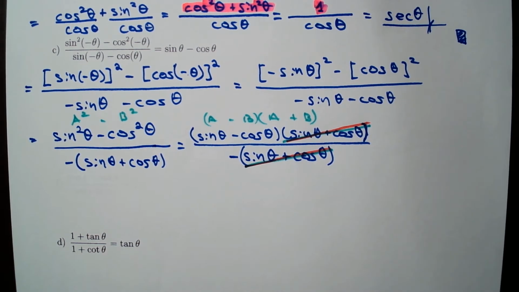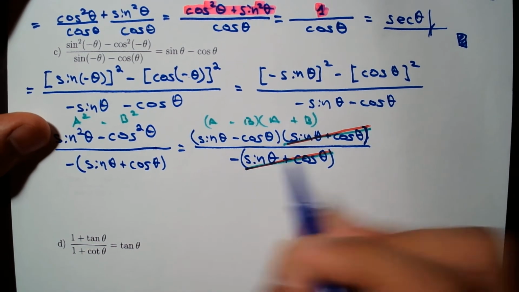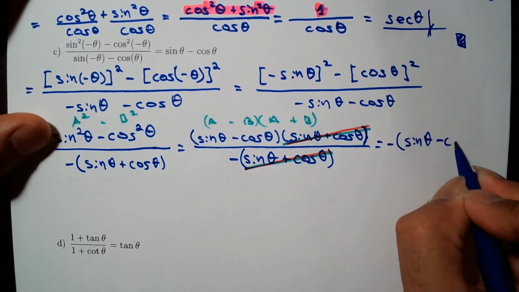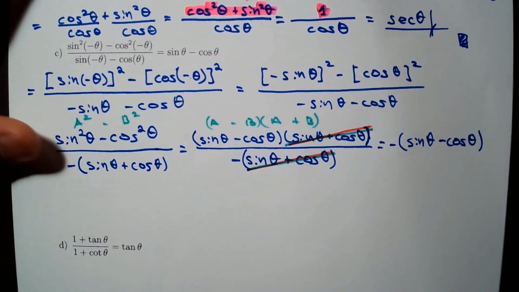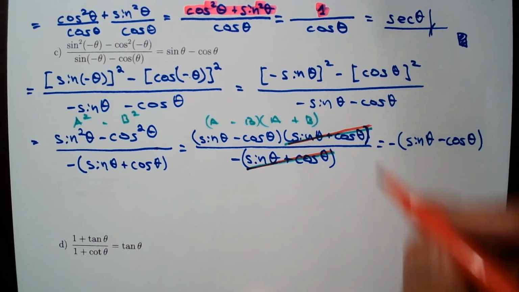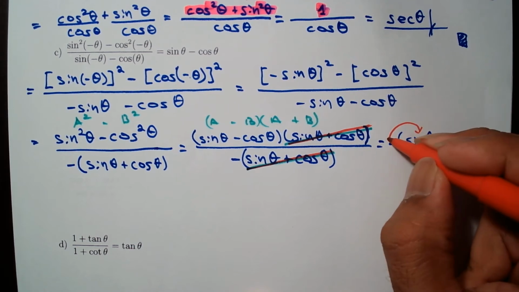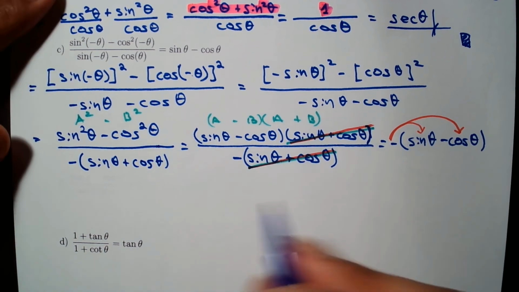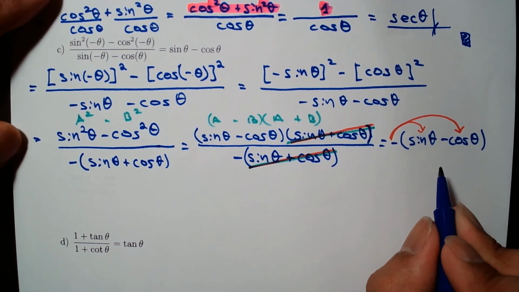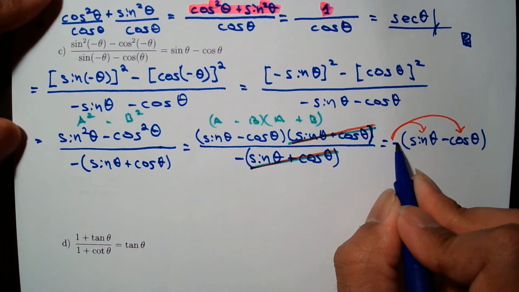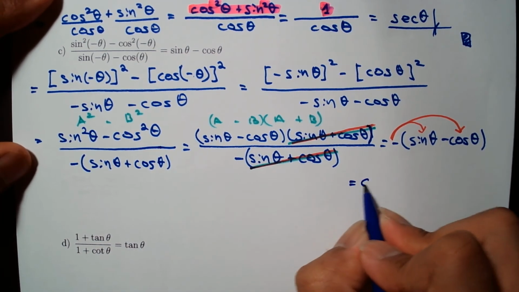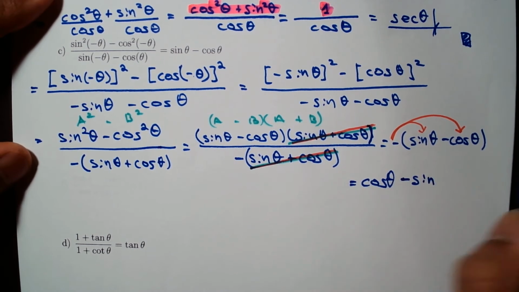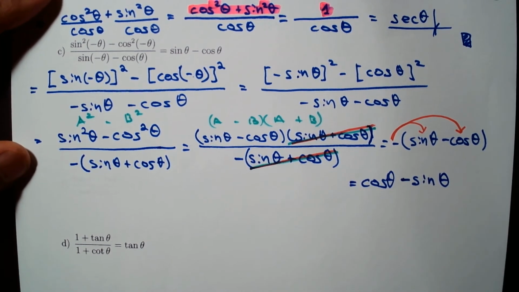This is what we are going to obtain: negative sine theta minus cosine theta. This negative sign, in the very end, we are going to distribute, and I'm going to write the positive term first: cosine theta minus sine theta.